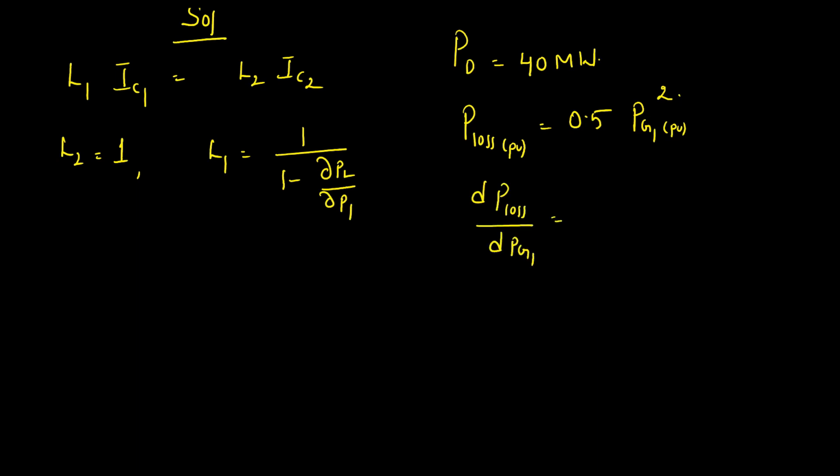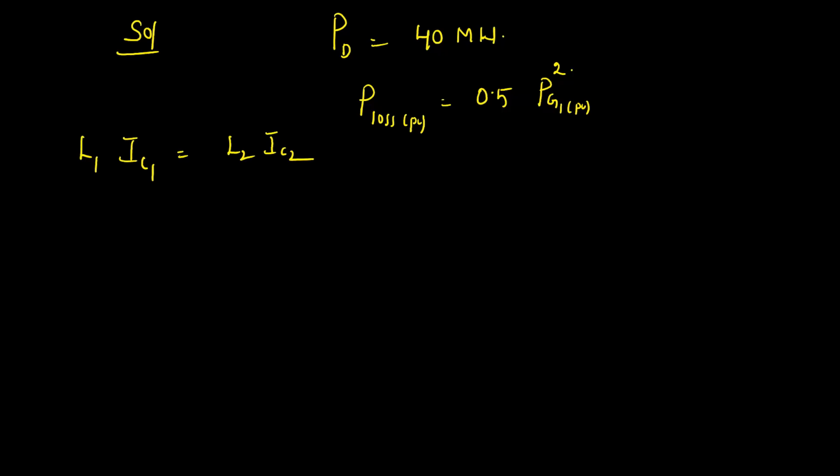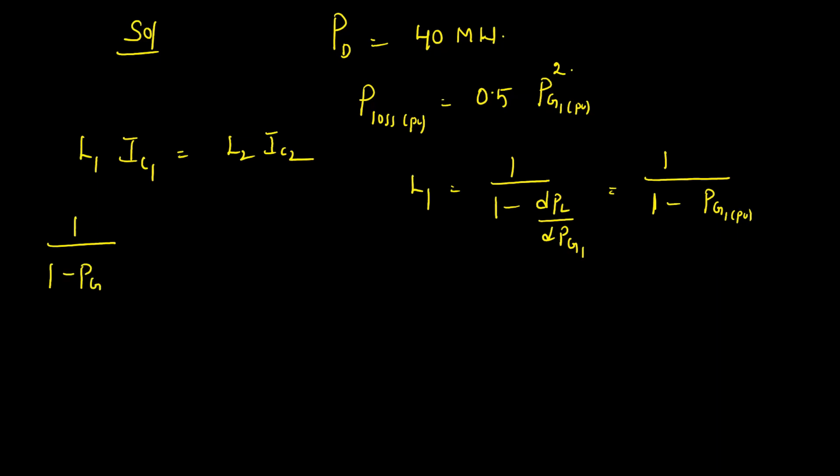So I'm going to get it as Pg1 per unit. So your penalty factor will become 1 by 1 minus dPL by dPg1, so this is 1 by 1 minus Pg1 per unit. Pg1 per unit, that is, the penalty factor.